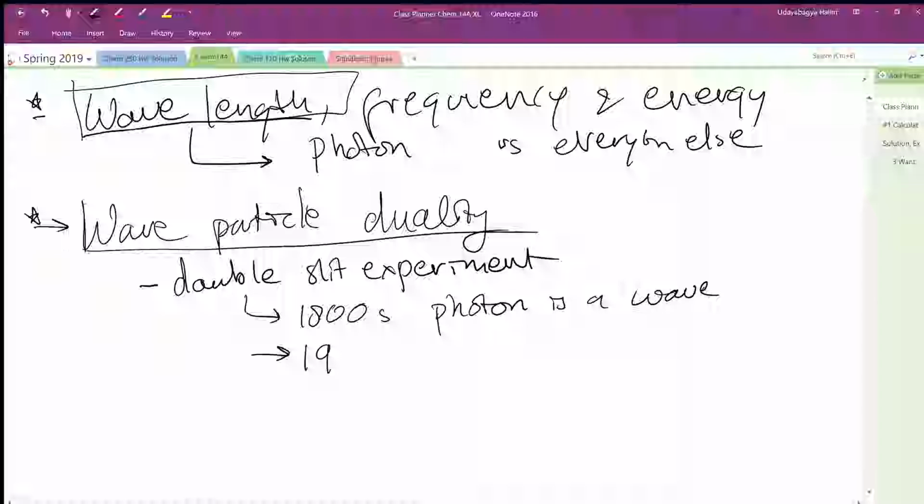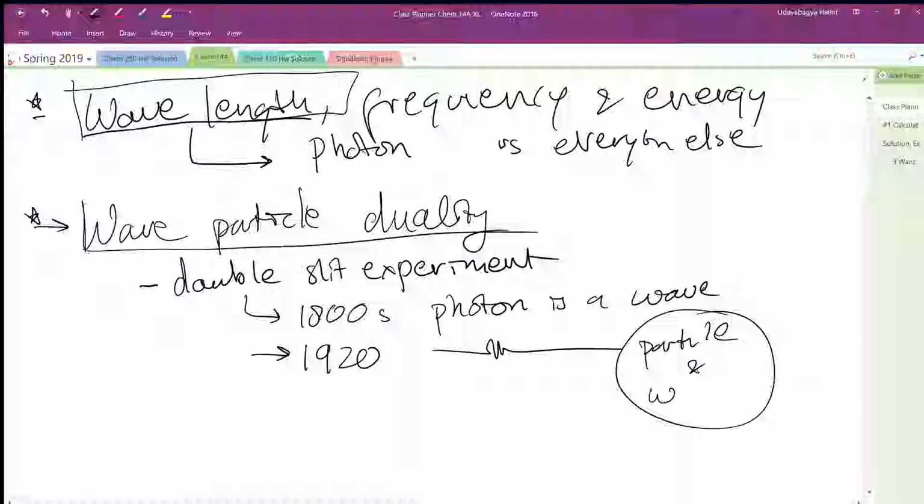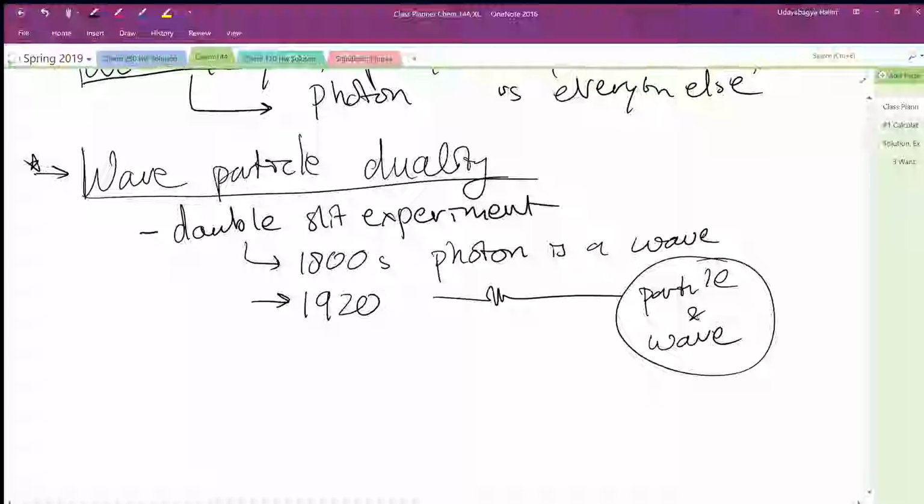So in the 1920s, once you have better instruments, when you try to fire one particle of light, or one photon, at a time, it looks like a particle. And of course, once we get into much better interpretations, what we figure out is that it's both a particle and a wave. So that's the small conclusion that we get from there.